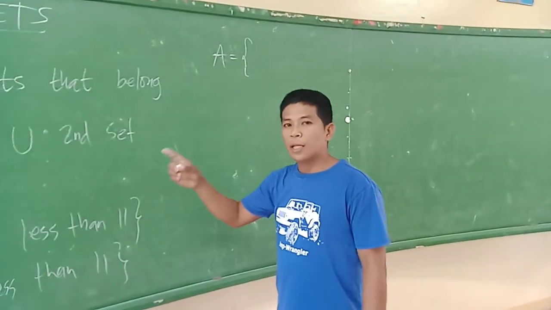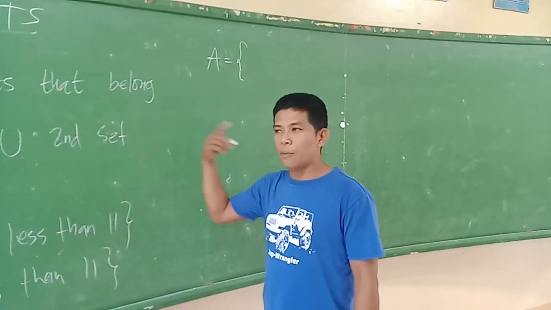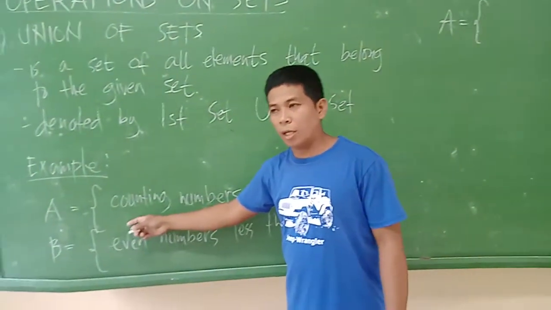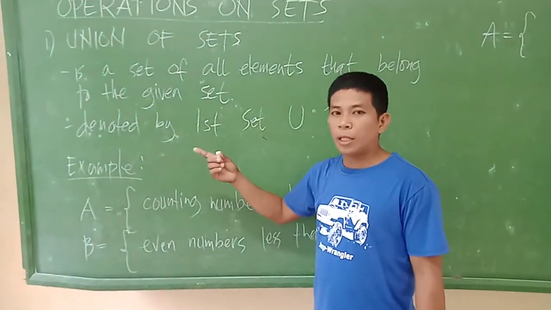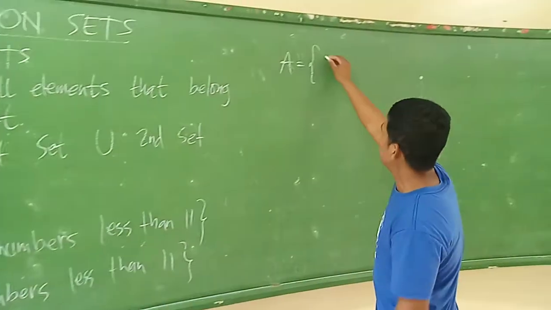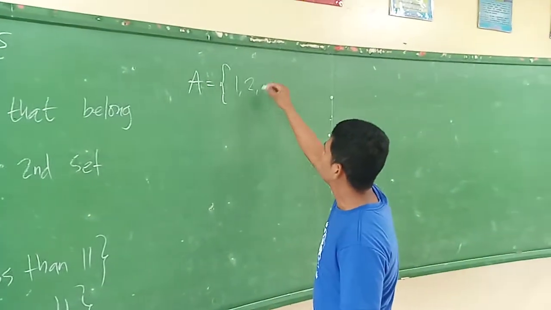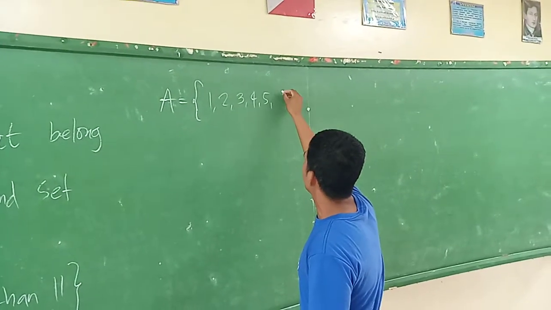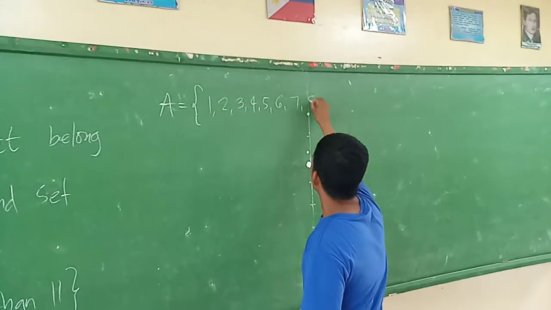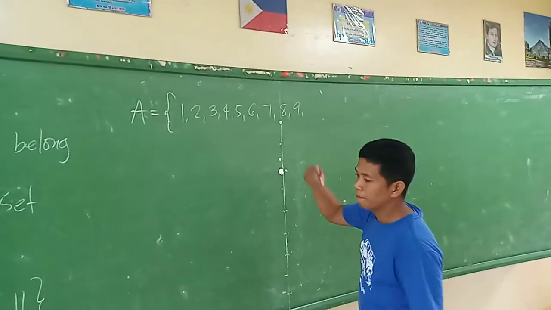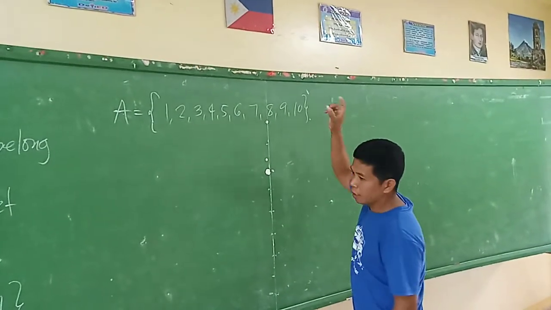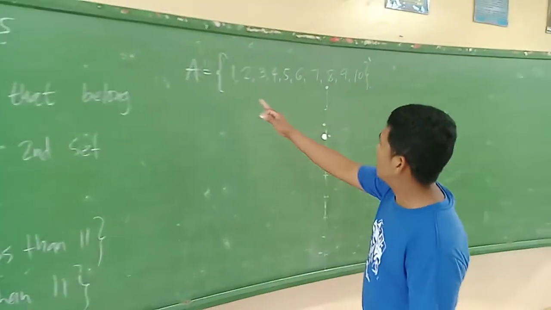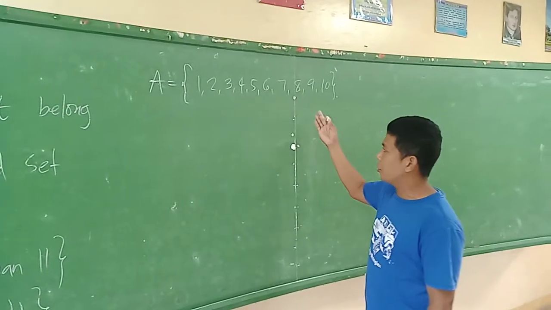Counting numbers, or natural numbers, begin with 1. As we count, we begin at number 1. So we have 1, 2, 3, 4, 5, 6, 7, 8, 9, 10. That is the roster or listing method for set A.